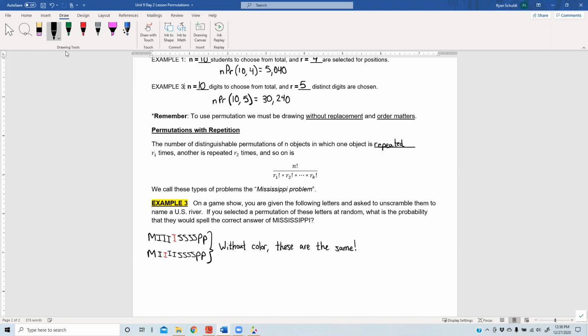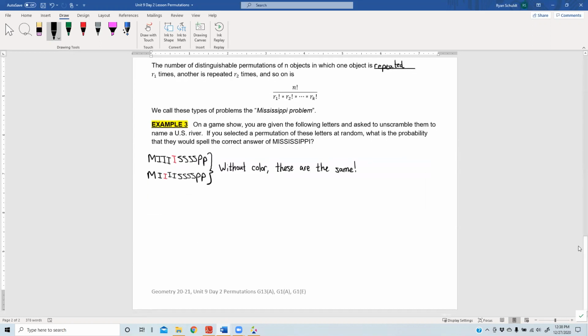So that tells us we've got to figure out what all the repeats are. What all repeats when you spell Mississippi? Well, how many I's do we have? There's going to be 4 I's. What about S's? 4 S's. And how many P's?